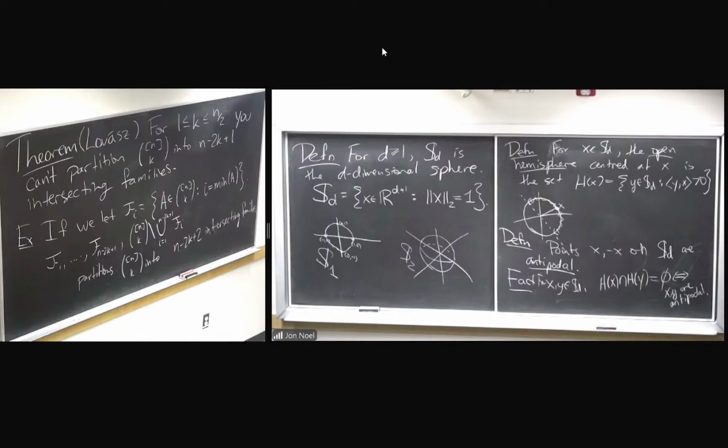Definitely the north and south pole, their hemispheres, because we're not including the equator, those are disjoint. And if I just move one of those points a little bit, then definitely the hemispheres are going to touch, right? So that's somehow going to be important.